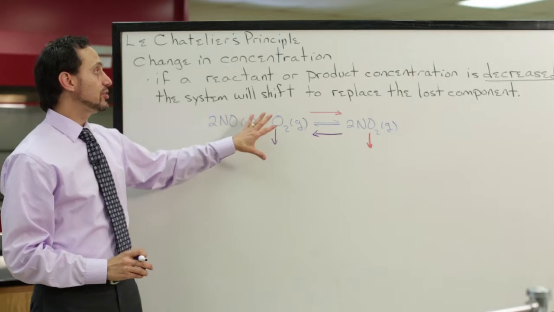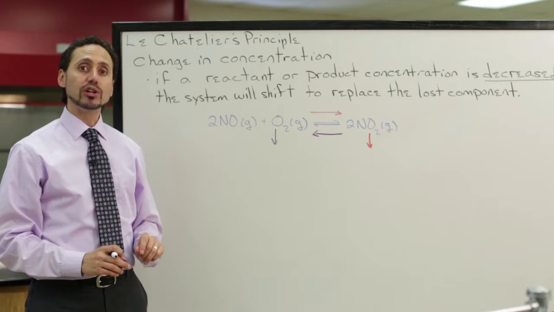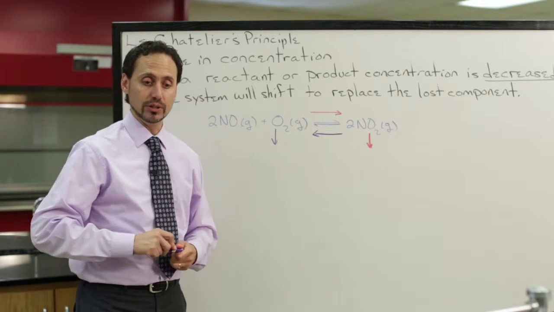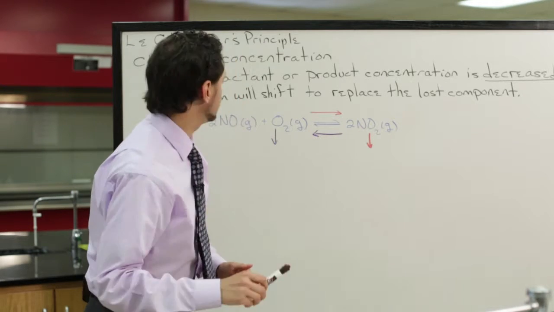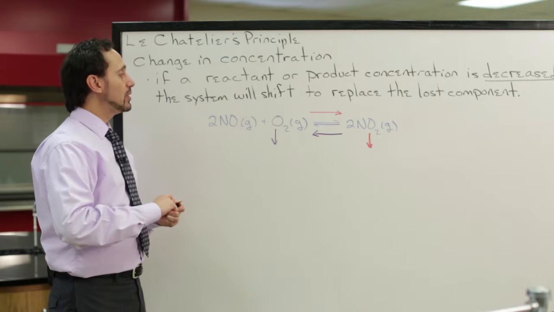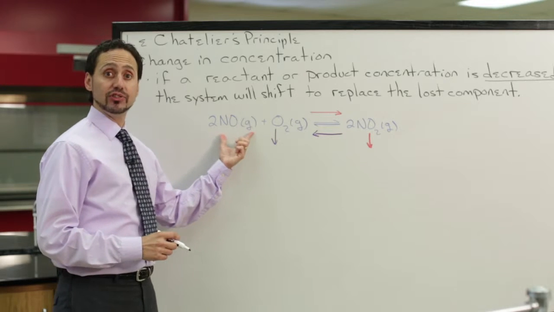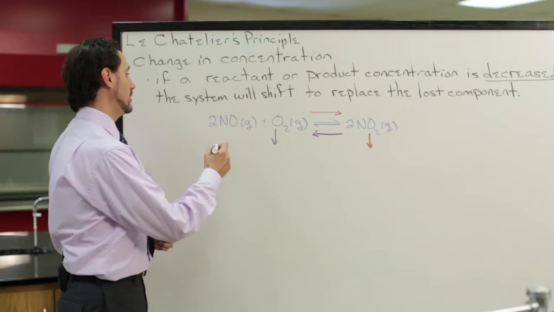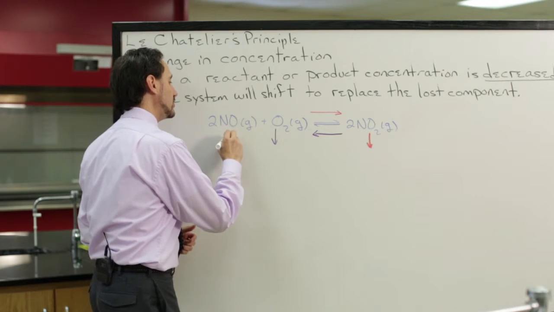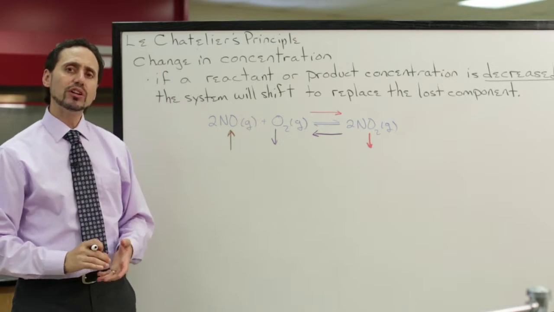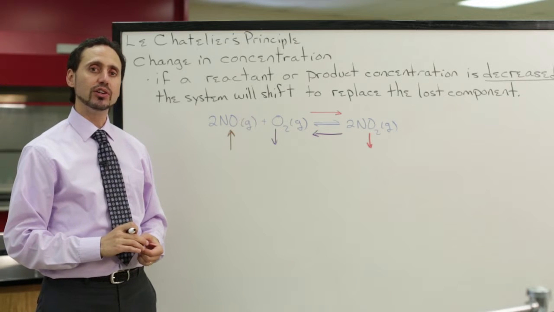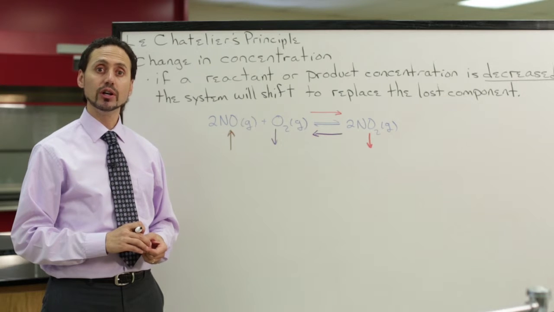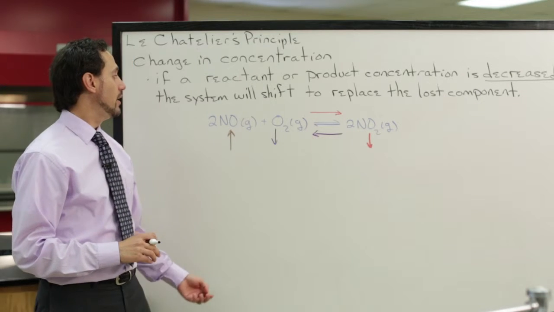And so the same principle can be applied if we wanted to increase the concentration of one of those components. If, for example, we increased the concentration of NO on the reactant side here, so let's say this increases, what would Le Chatelier's principle predict in terms of which direction the system will shift to restore equilibrium?